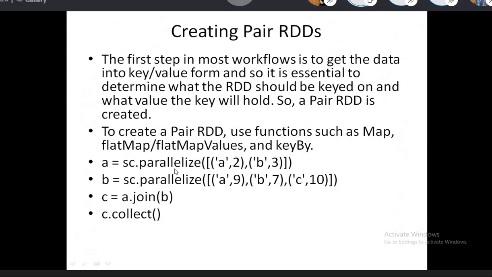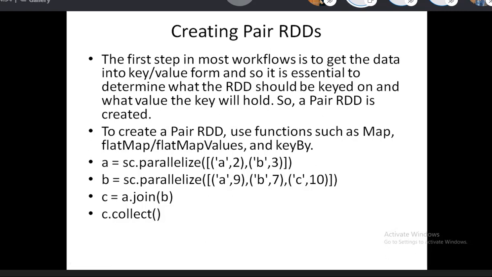In that, A contains A comma 2 and B comma 3, which are two elements, and both are tuples. In the other one you have created three elements. The first element is a tuple, the second element is a tuple, the third element is also a tuple. If you're creating the key-value pair combination, that is called a pair RDD.